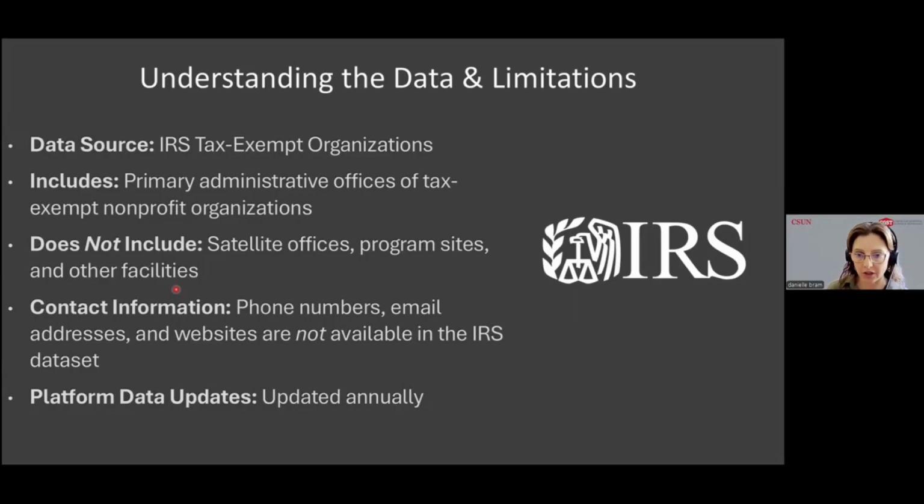What it does not show, and I need to acknowledge this and be very clear, is satellite offices, other program sites, or other associated facilities that might not be recorded in the IRS data. It also does show, for example, organization names.